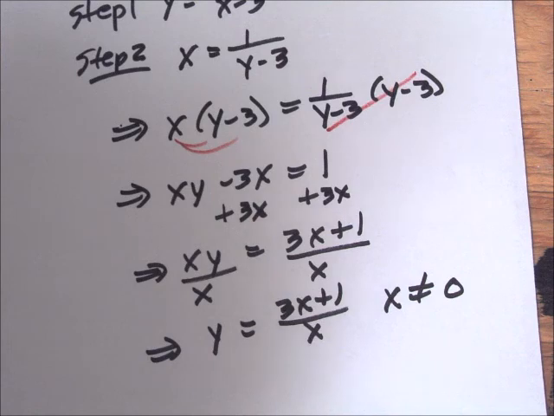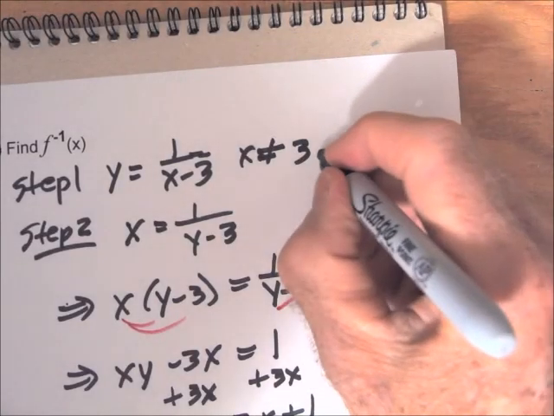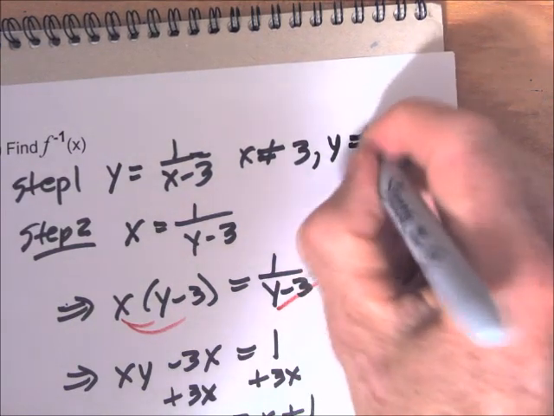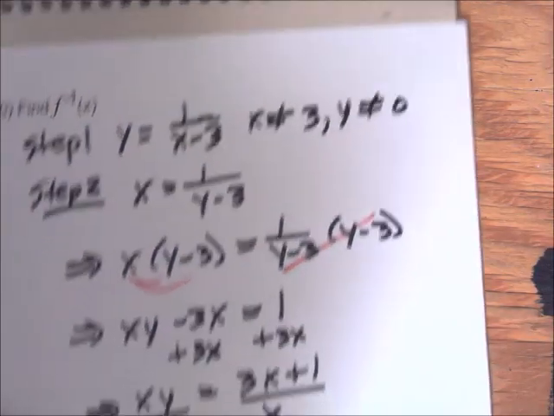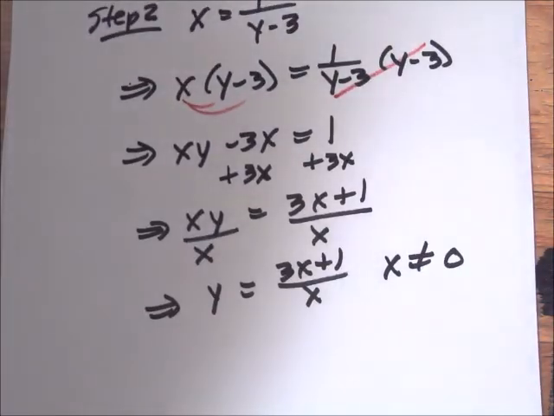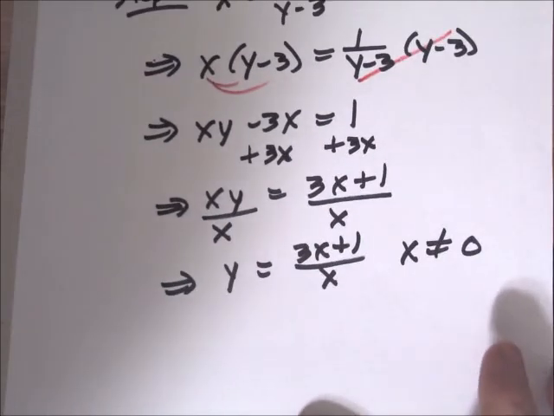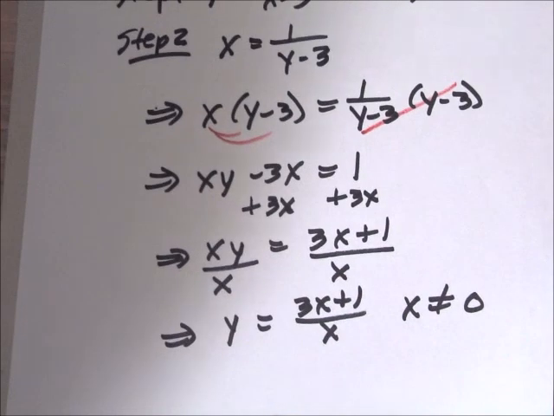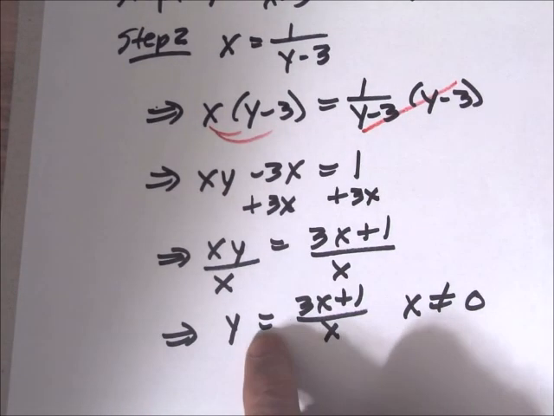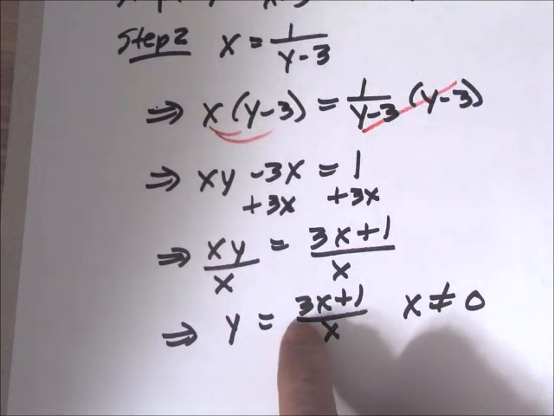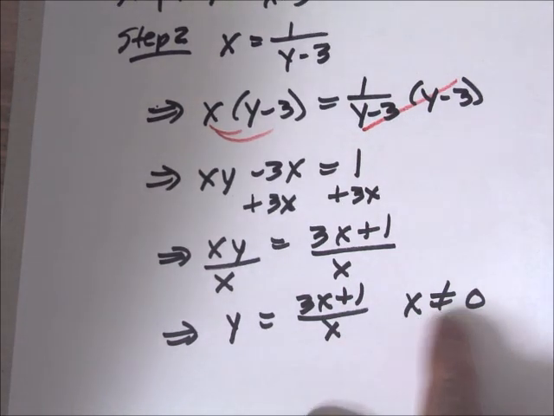So the domain and range of the inverse function switch, so that tells us that for the original function y would not be 0. So solving for y, we get y is equal to 3x plus 1 over x. x cannot be 0.